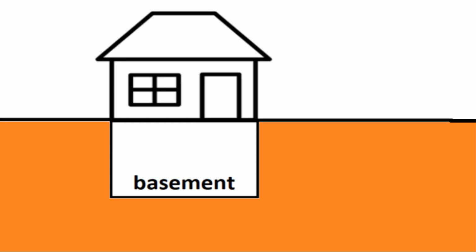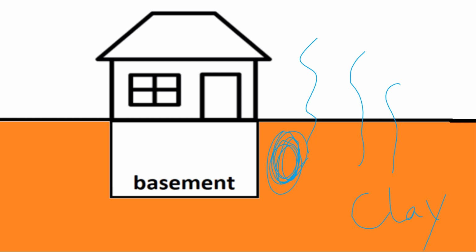This is an issue for us here in Georgia because we have basements. So water goes into the ground and has a hard time going through our clay. We have basements that are built of concrete, and we know that water will go into concrete. Concrete's very porous. So if we got a bunch of water hung up right here beside my house, the water basically is going to move sideways.